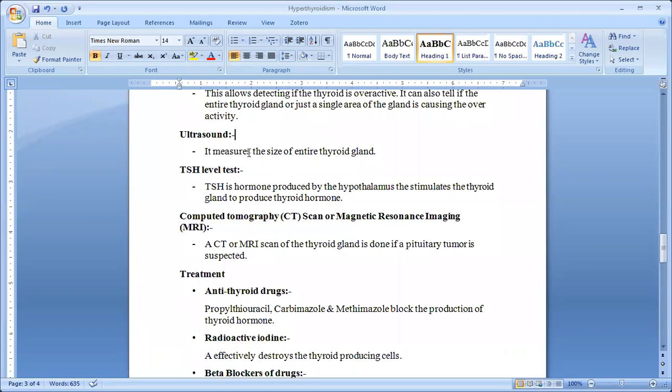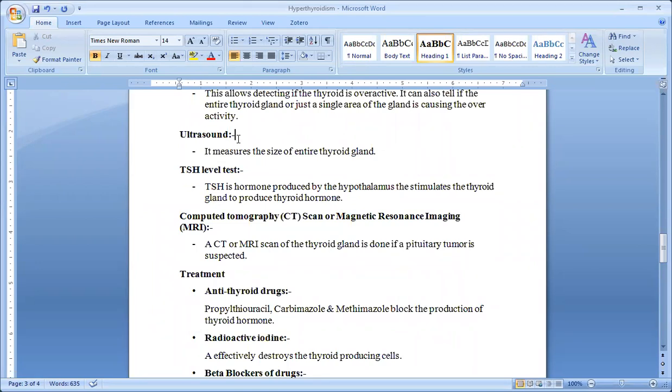Ultrasound. This is also what we measure here, the size of the entire thyroid gland. What happens in hyperthyroidism? The size of the thyroid gland increases.